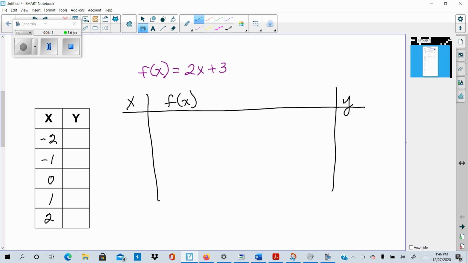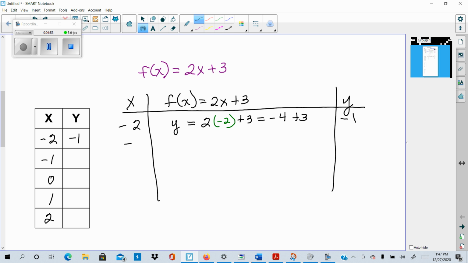F of x is equal to 2x plus 3. I'm going to use my same numbers, my -2, -1, 0, 1, and 2 for my x values. So I'll start with -2. Once again, I'm switching to y. So 2 times -2 plus 3. 2 times -2, that's -4 plus 3. And that is going to give us -1.